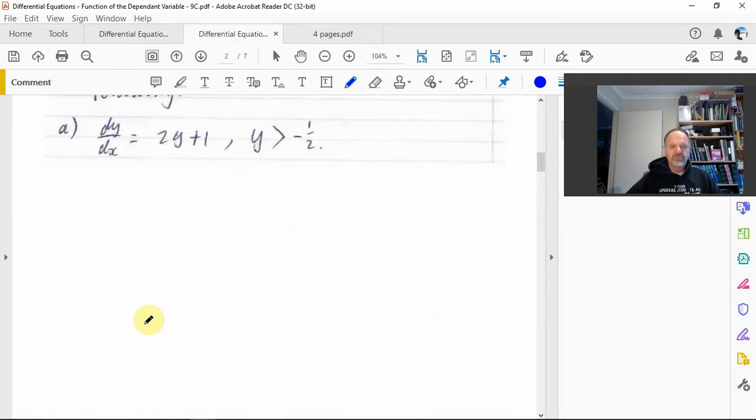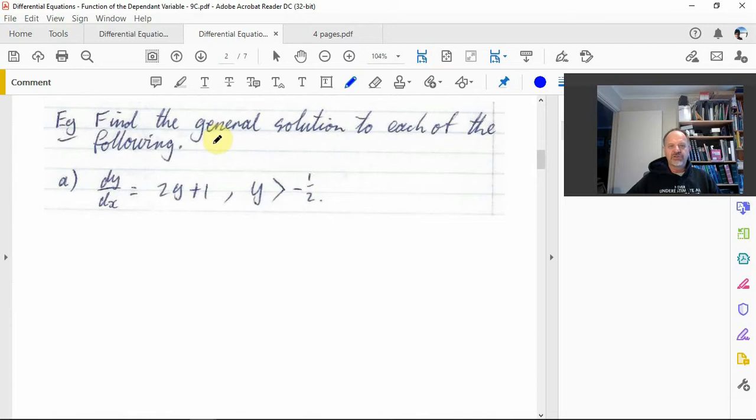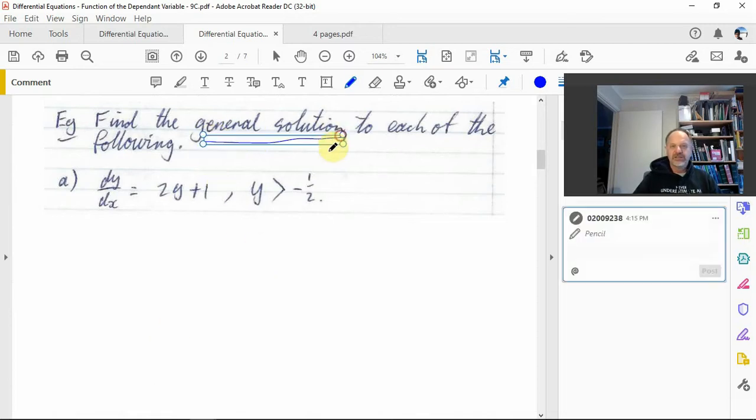All right, so here we go, find the general solution. General solution means we're going to have plus some constant in there somewhere, and we'll deal with that when we get to it. We've got y greater than negative a half.